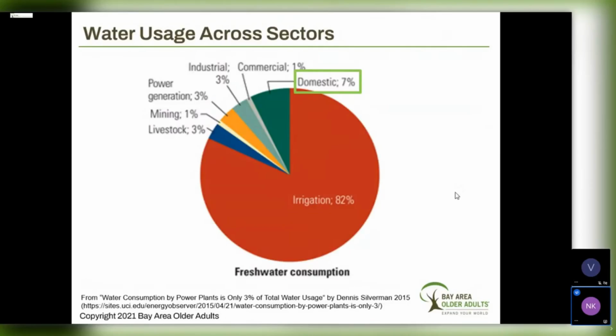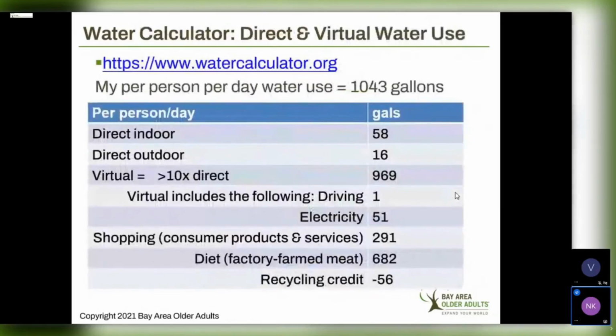So, how do we know how much water we use directly and how much we use virtually? The water calculator provides a web page where you can input your lifestyle habits, like how many times you wash your clothes a week, how many showers you take per week, how much you water your yard, your shopping and eating habits.